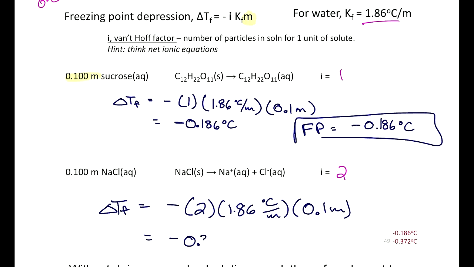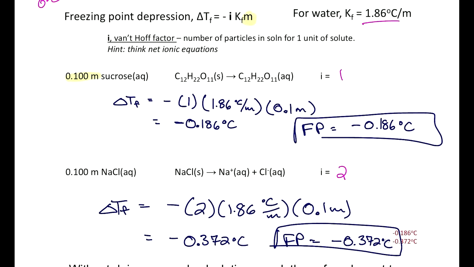We get even more lowering power here for our salt solution because there are more ions present. Salt gives us twice as many particles in that solution. And so that means our freezing point for salt is going to be negative 0.372 degrees Celsius.